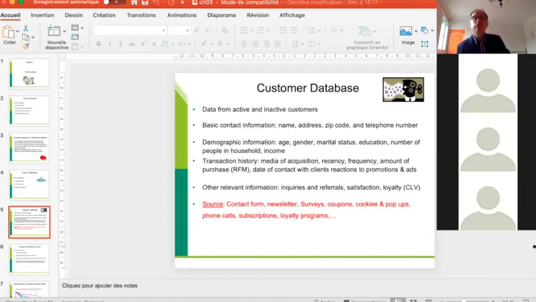So for example, the marital status gives you an indication about the needs of the customer, of the household. A single household has other needs than a married household. Clearly it gives an idea about the needs of the household, the life cycle, because if you know that the household is composed of children and a couple, then there are needs that you might know through socio-demographic information.